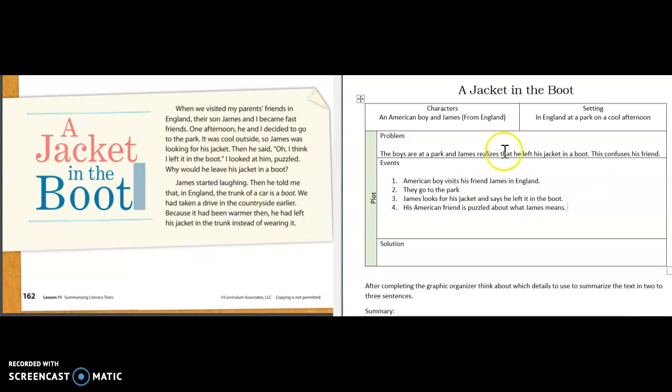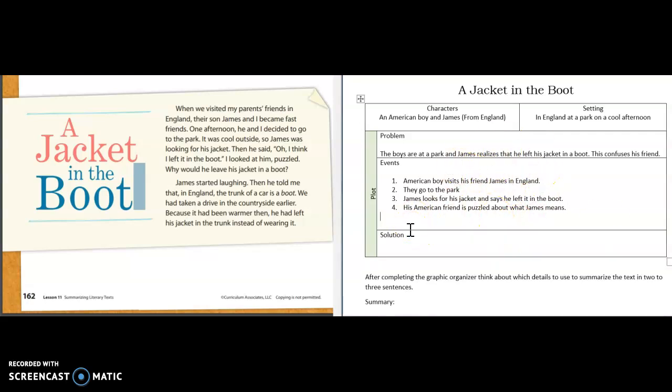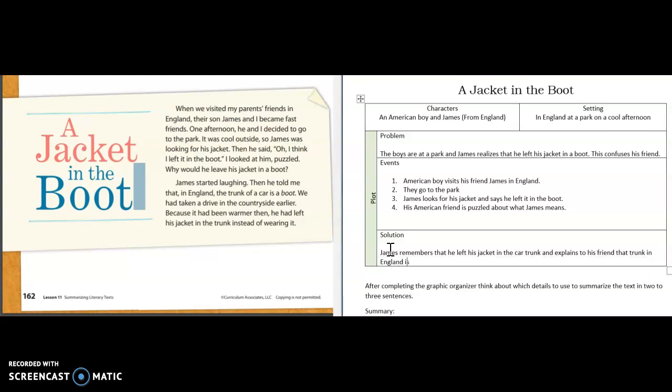So really, the problem here is that his friend is a little confused, right? And that he doesn't have his jacket. The solution is that James remembers that he left his jacket in the car trunk and explains to his friend that trunk in England is boot.